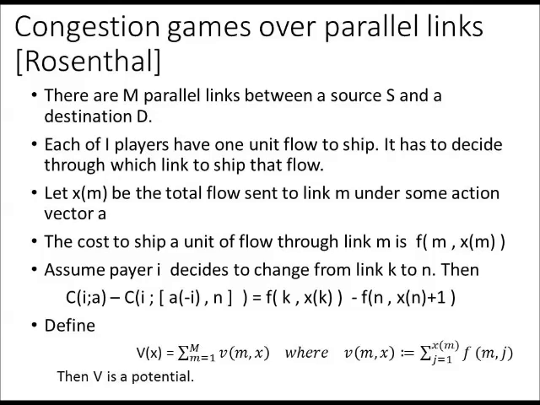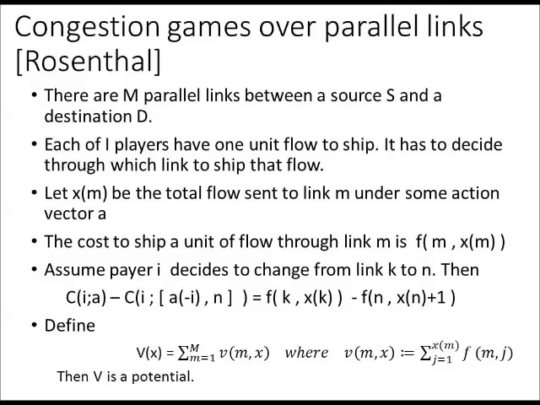We consider this game in a topology of parallel links. There are m parallel links between a source S and a destination D. We assume that each of I players has one unit of flow to ship, and that each player has to decide through which link to ship this flow. It cannot split the flow between several links.